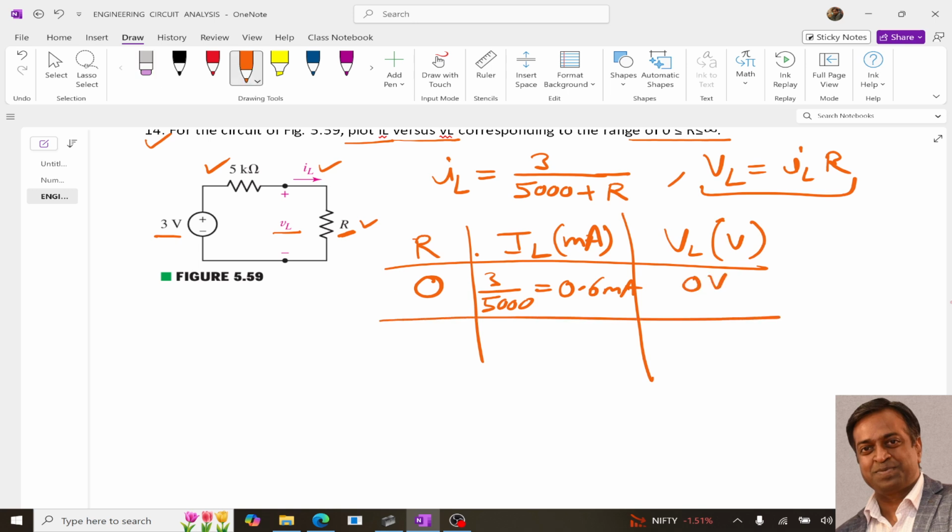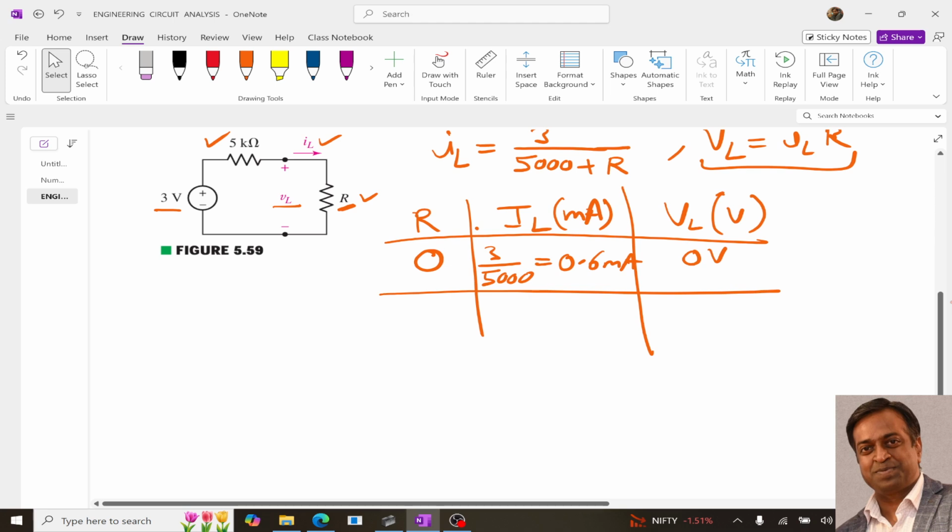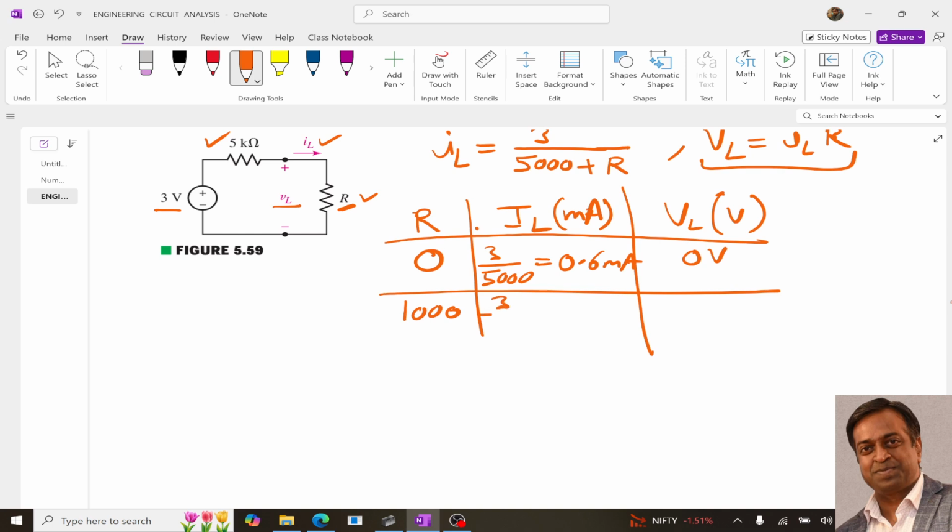Now if I take R as 1000, it will be 3 upon 5000 plus 1000, so it will be 3 upon 6 milliampere, or we can simply write 0.5. The unit I have already mentioned.